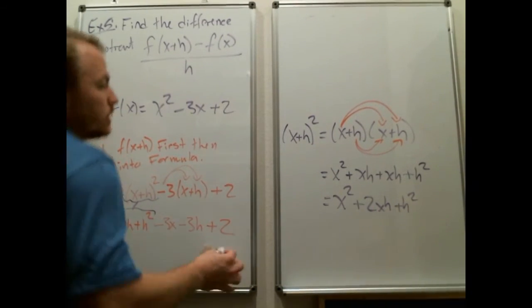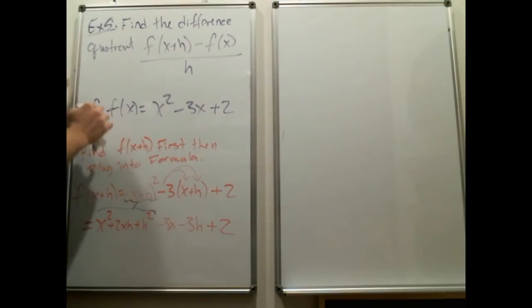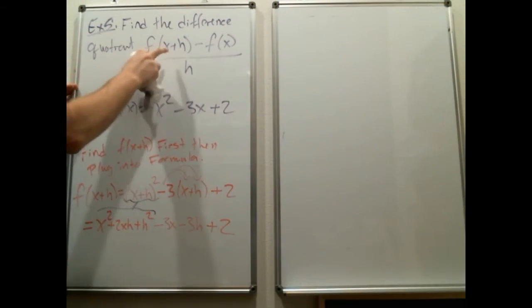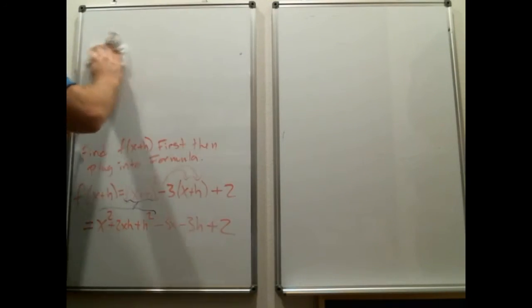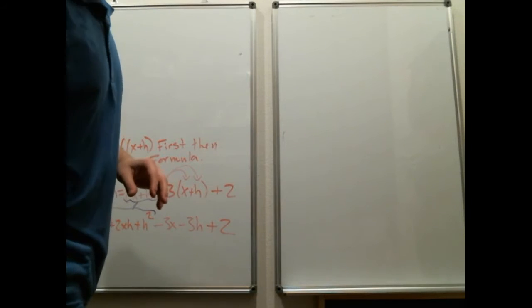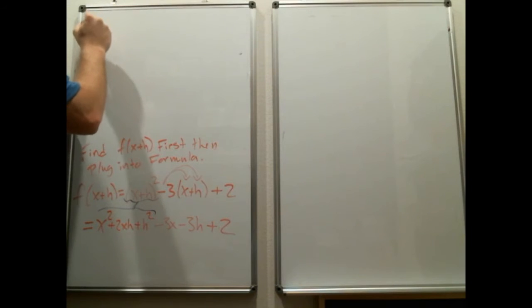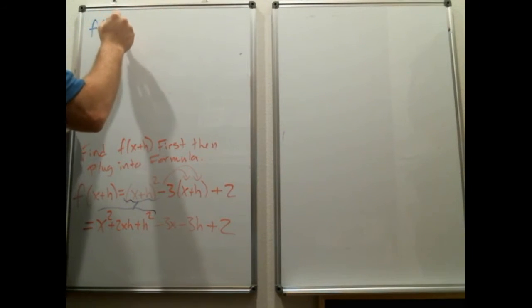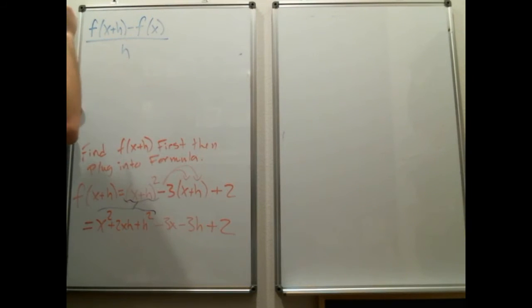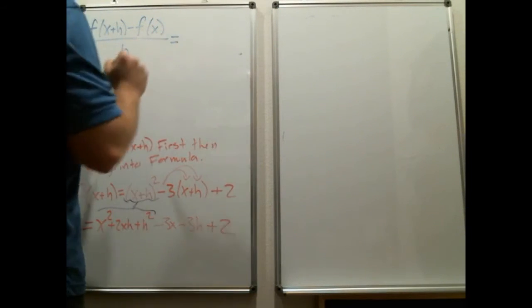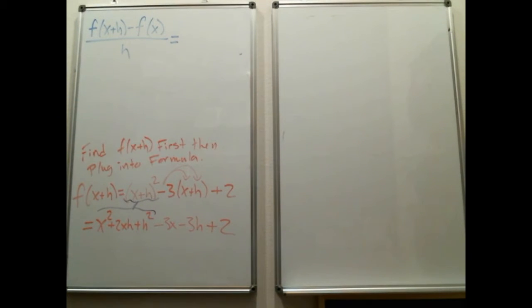So what I'm going to do is erase this. And I'm going to erase this up here in purple, but I'm going to rewrite this formula just to give myself a little bit more room. So here we have f of x plus h minus f of x all over h. This is equal to, and I'm going to try to combine the boards into one here.